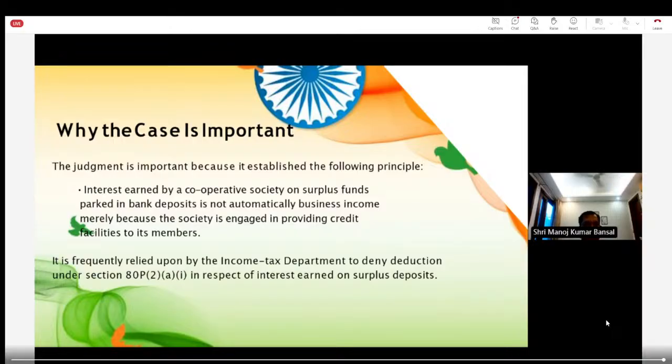Why is this case important? The judgment is important because it establishes the following principles. Interest earned by a cooperative society on surplus funds parked in bank deposits is not automatically business income merely because the society is engaged in providing credit facilities to its members.